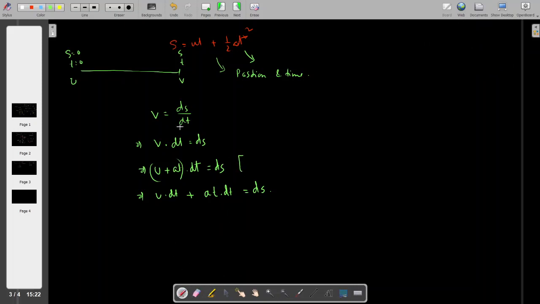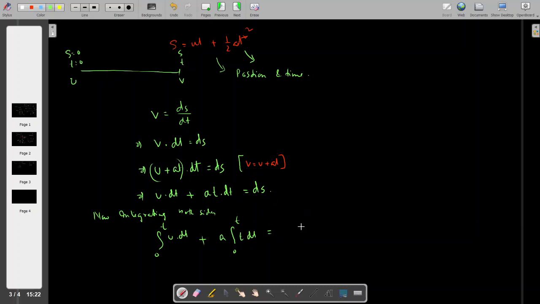Here we know v equals u plus at. Now integrating both sides, we will be integrating u dt with limits from 0 to t, plus a t dt, again from 0 to t, since time is changing from start to end.